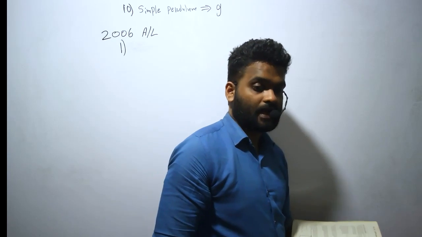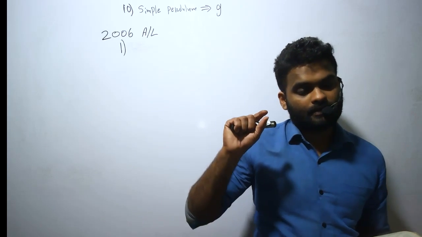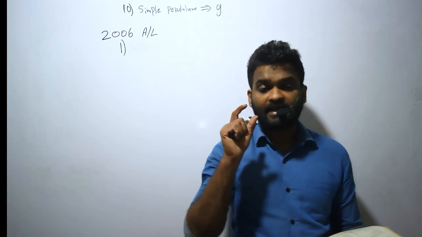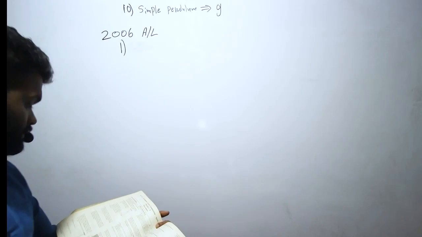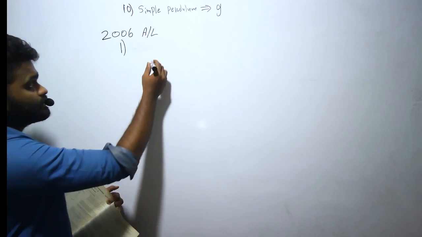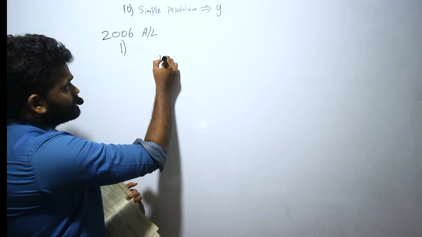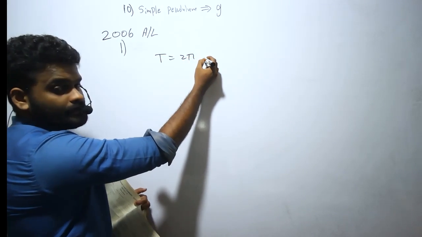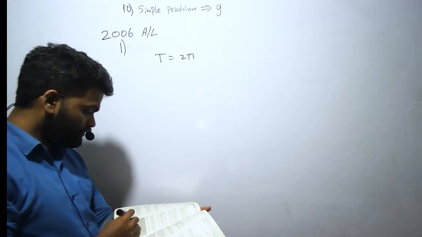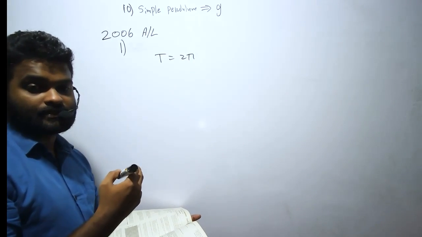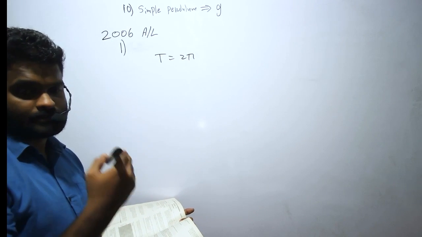Okay, in part C, they are saying that the bob has a radius, right? So you have to rewrite the expression. T equals 2 pi root of, instead of L, you have to put what? I told you that it should be the distance to the center of gravity.